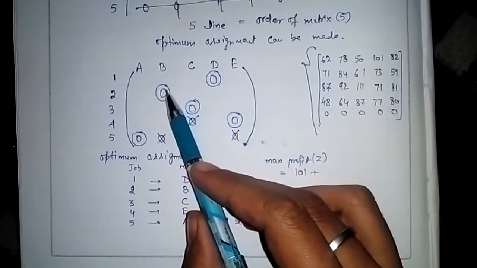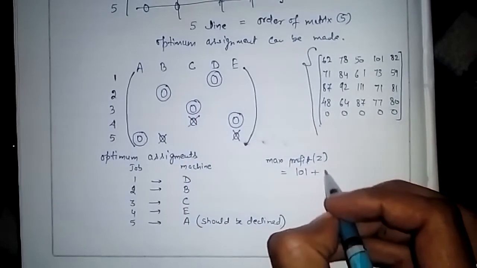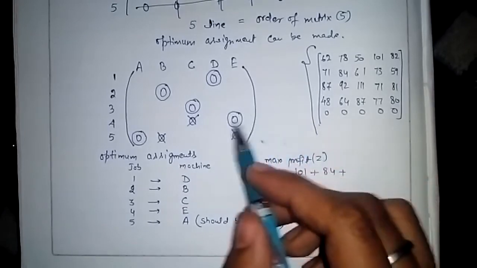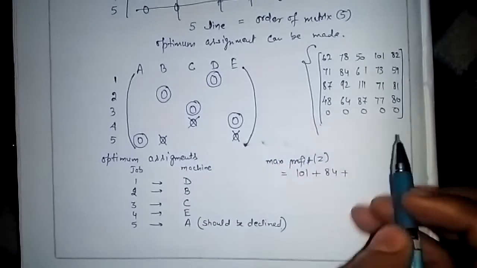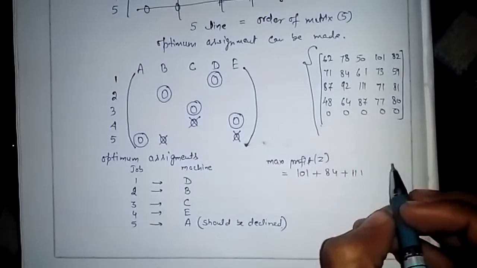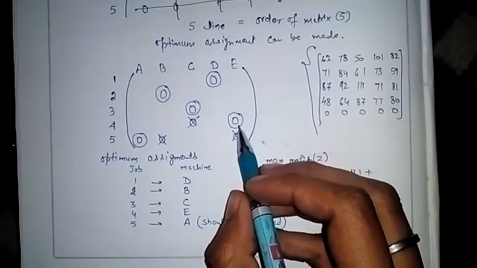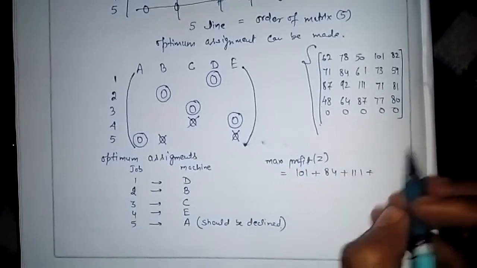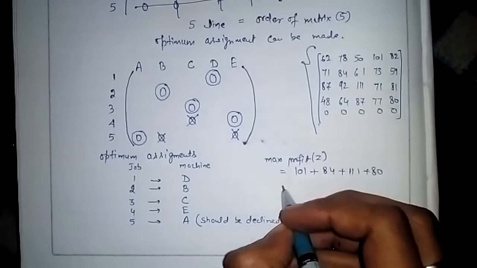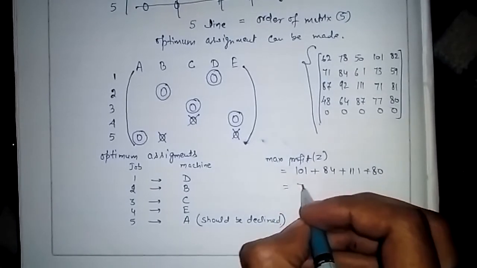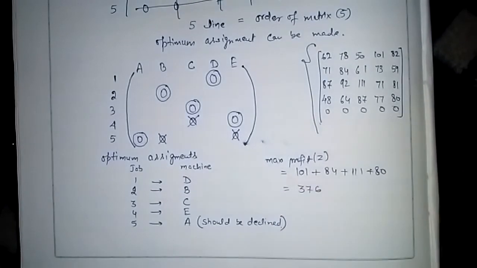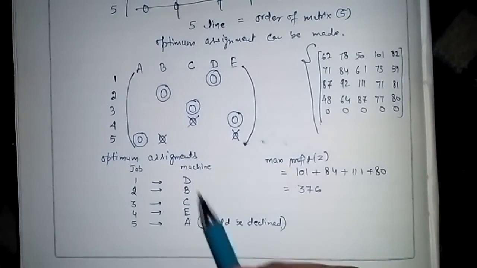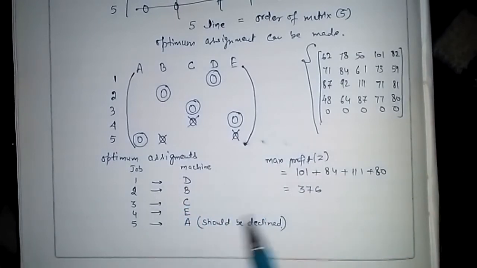This assignment corresponds to the value 84. This assignment corresponds to the value 111, and this assignment corresponds to the value 80. So the maximum profit will be 376. So this is our solution, assignments and the maximum profit.